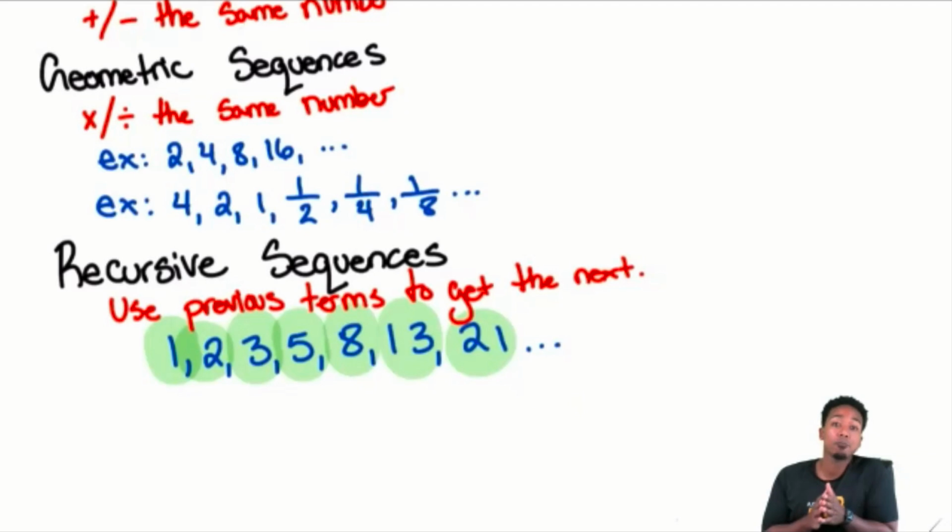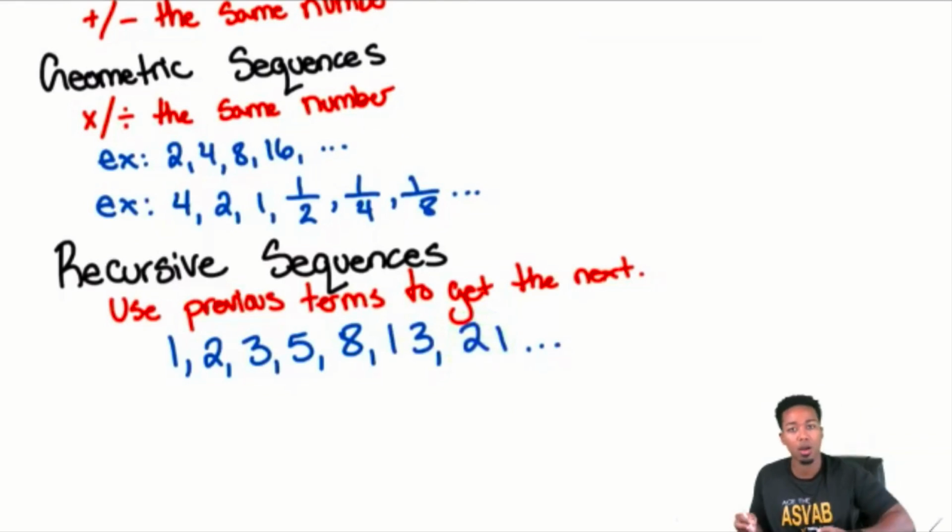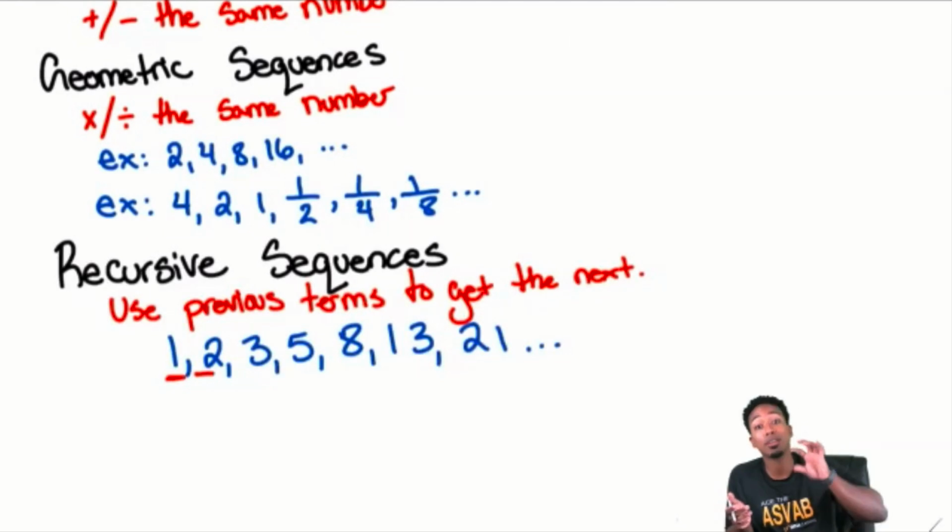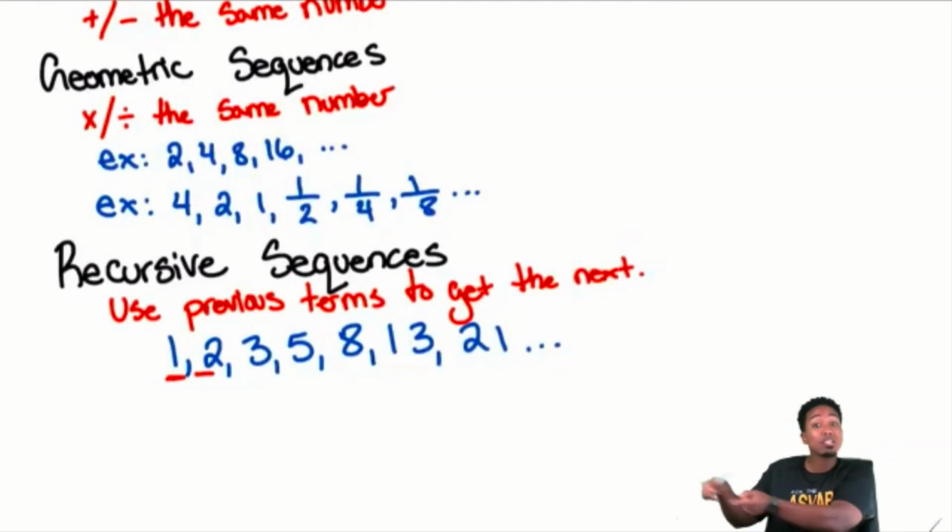Typically with recursive sequences, the first 2 or so terms are there already. They don't follow any pattern at all. But everything that comes next is based off of those first 2 terms, and it keeps going from there.